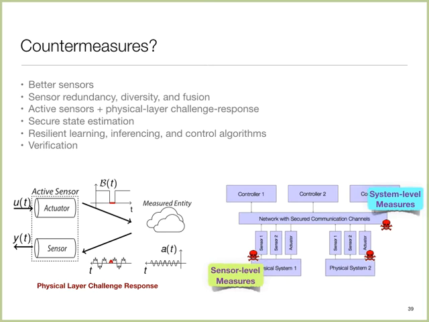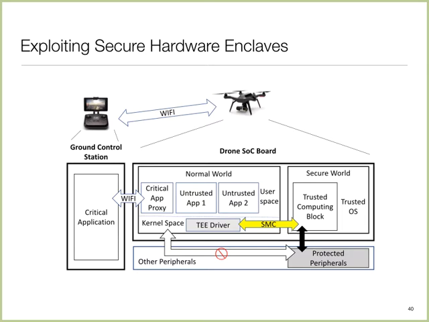Okay, so the countermeasures: better sensors, redundancy of sensors, active sensors. There are algorithms which are designed to be more secure and resilient, and then also some sort of verification method being wrapped around it. So there are a whole bunch of things happening in this direction.